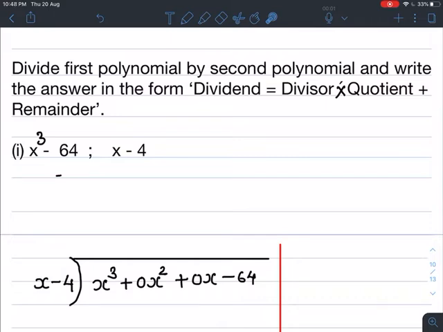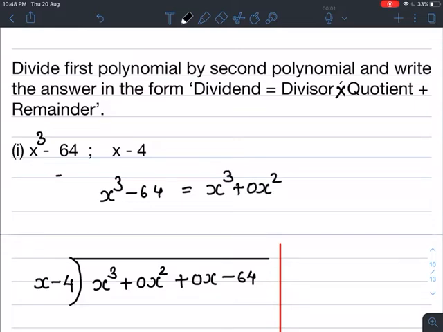So this x cube minus 64 I can write in the decreasing order of index x cube. Now if we observe, the index 3 is there. Now index 2 term is not here, so I can write plus 0x square.